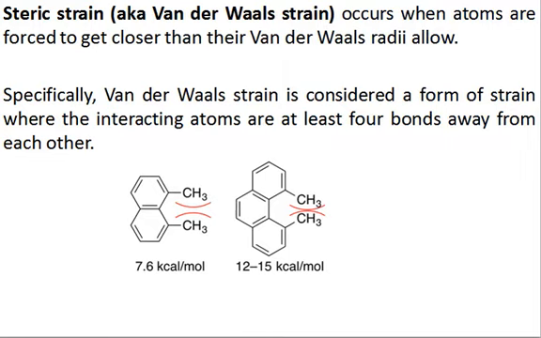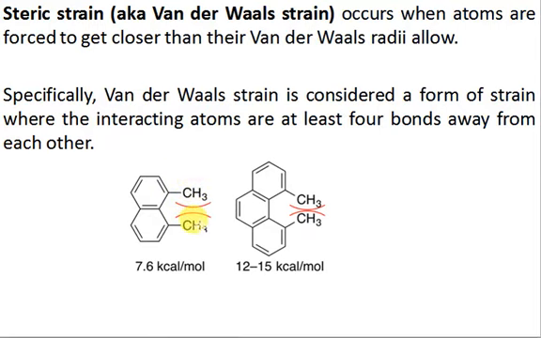Now we are considering the atoms which are not bonded together, right? The atoms must be at least 4 bonds away from each other, and they are closer to each other in 3-dimensional space. Consider these methyl groups right here. So this methyl and this methyl are closer in space, not much closer, but still closer.